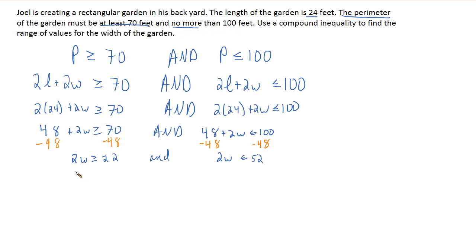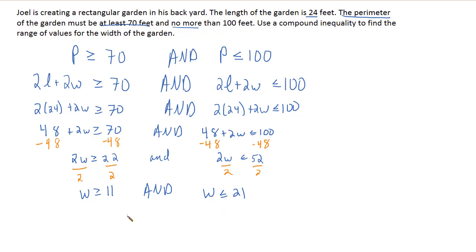And then I'll divide both sides of each inequality by 2 to isolate the variable W. So then W is greater than or equal to 11, and W is less than or equal to 21.